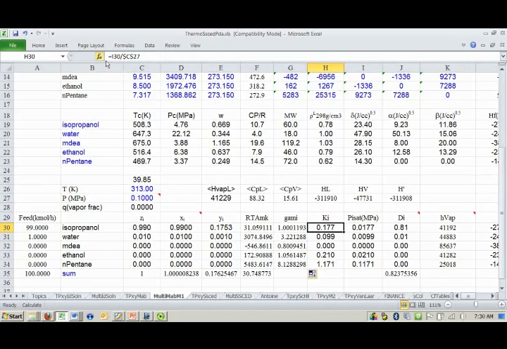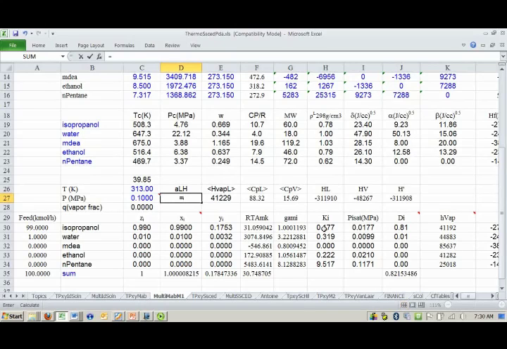And now we have to modify our k-value expression here to be gamma times that. Alrighty. Now finally we want to calculate our relative volatility of the light to the heavy, but that's easy.